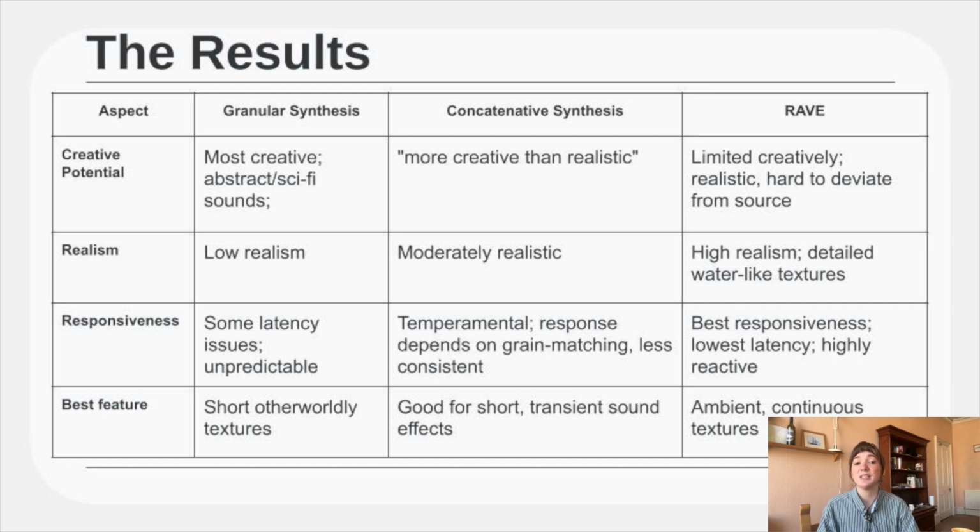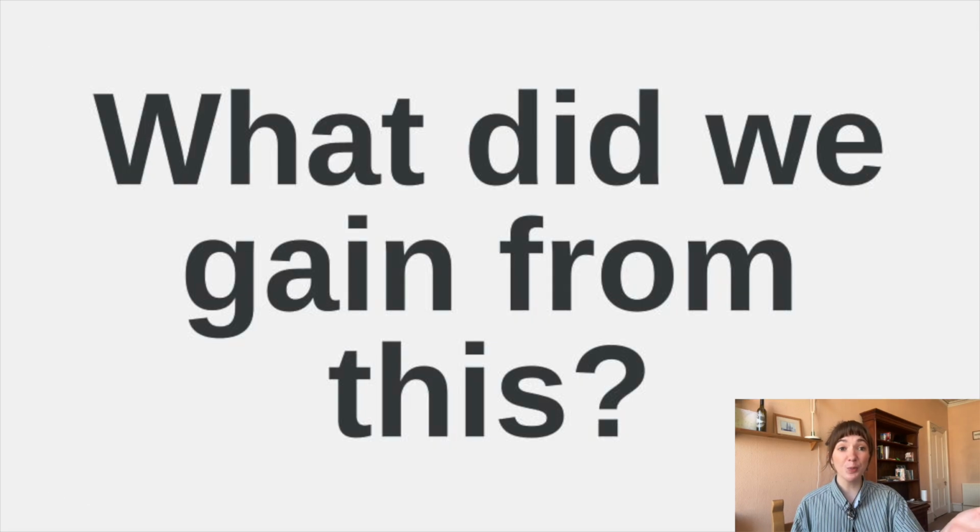In terms of versatility, granular synthesis showed the most range. Users could create everything from pretty realistic river sounds to more strange, otherworldly textures. Concatenative synthesis was good at generating short, transient sound effects. And Rave, though less diverse in output, was the best for creating continuous ambient textures. So what did we learn from all of this? This data showed me the importance of gathering both quantitative and qualitative data.